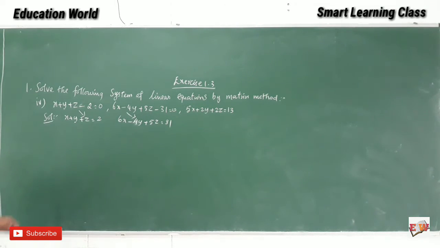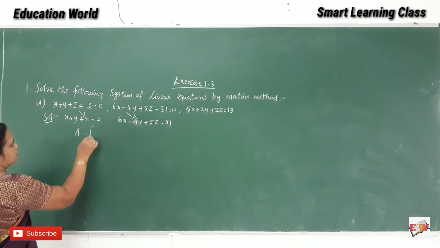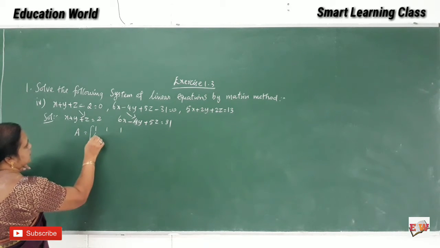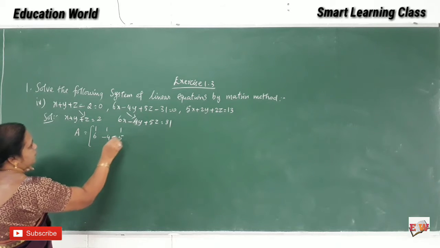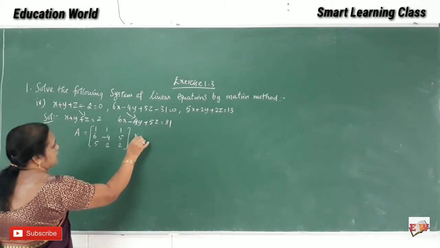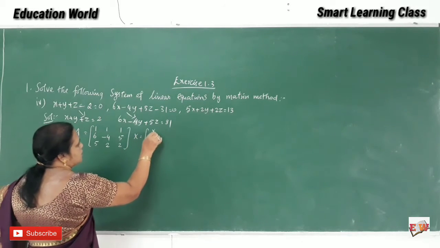First we have to write the given linear equations in matrix form, where A is equal to 1, 1, 1; 6, minus 4, 5; 5, 2, 2. X is equal to x, y, z.